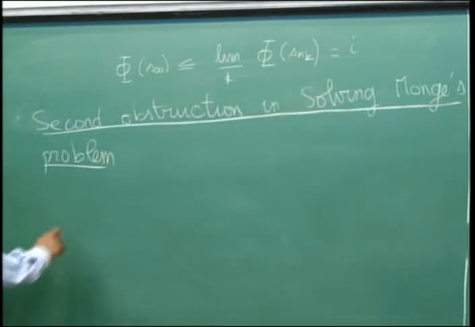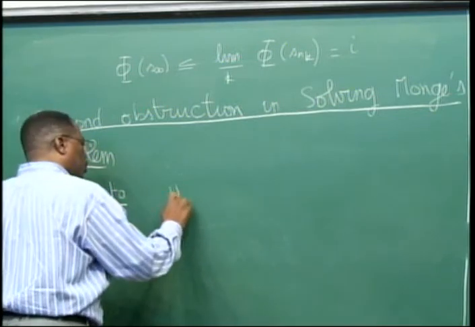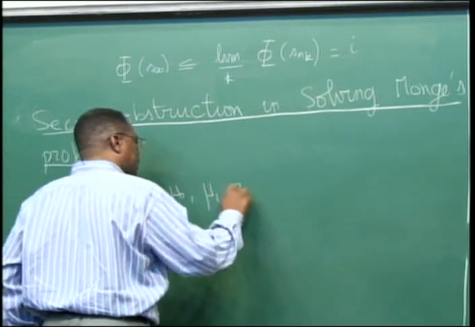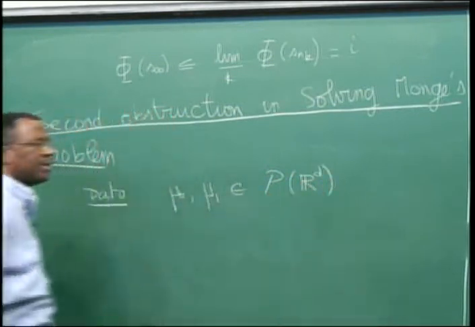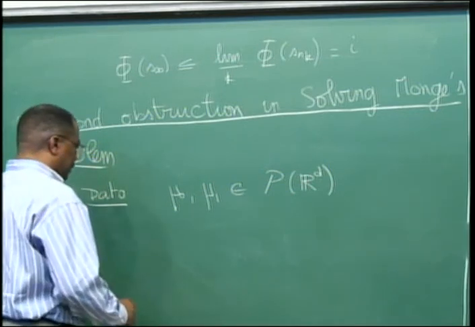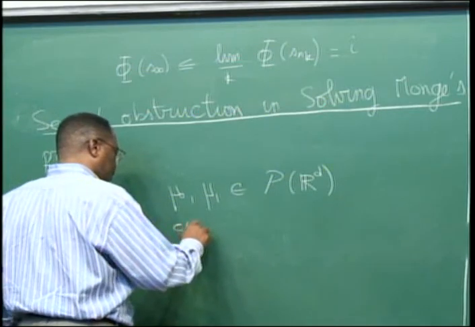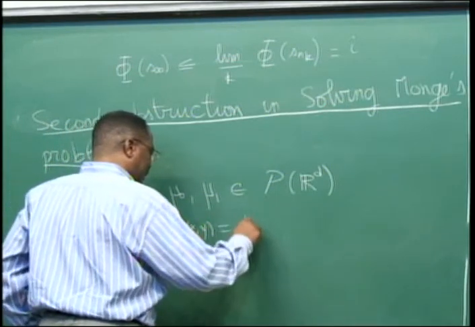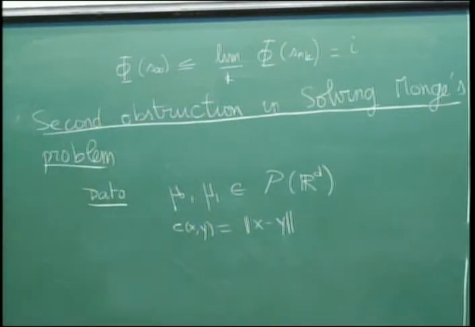So here is the data. Mu0, mu1 are 2 probability measures on R^d. And c of x,y is the distance between x and y.